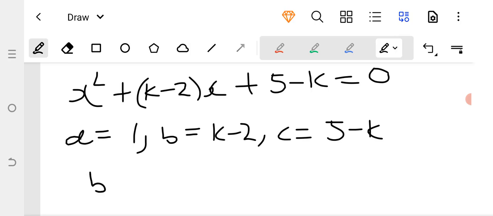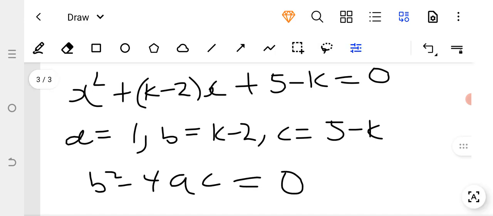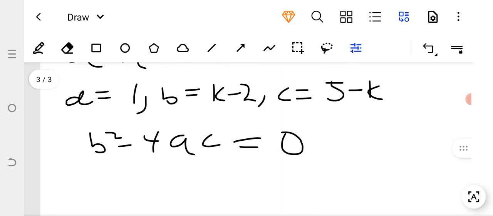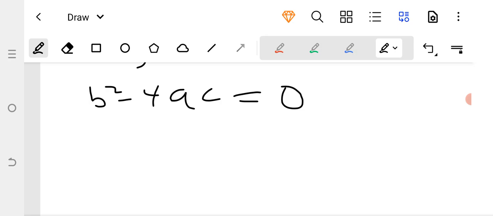Your b squared minus 4ac, which is the part under the square root, for a tangent has to be equal to 0. So what other thing do you have to look out for? Another thing you have to look out for to know that it is tangent is that there are repeated roots.